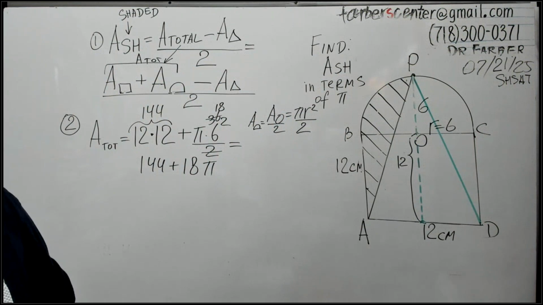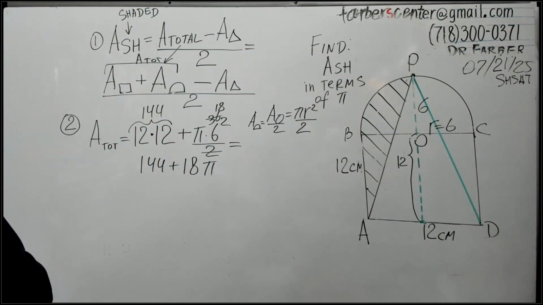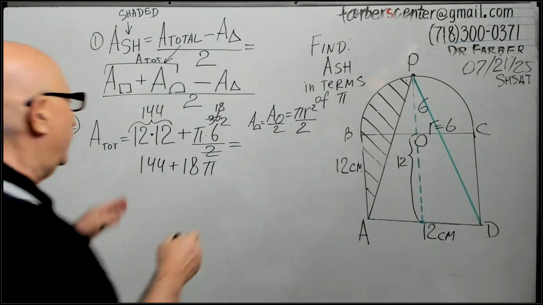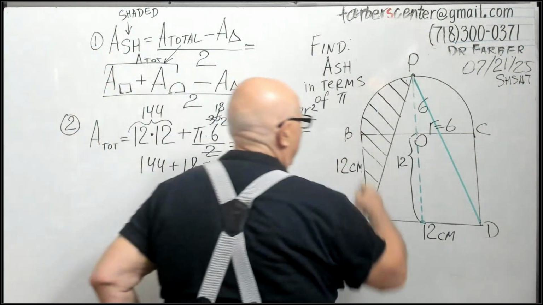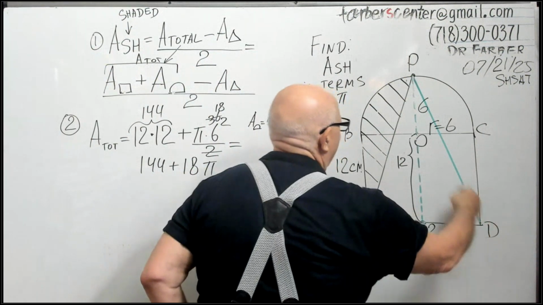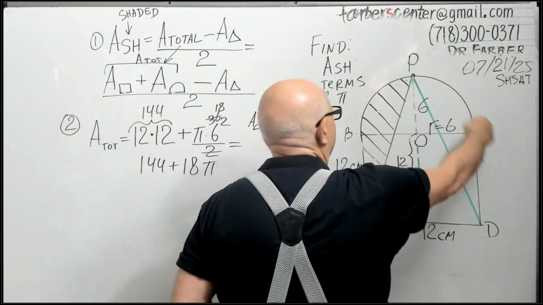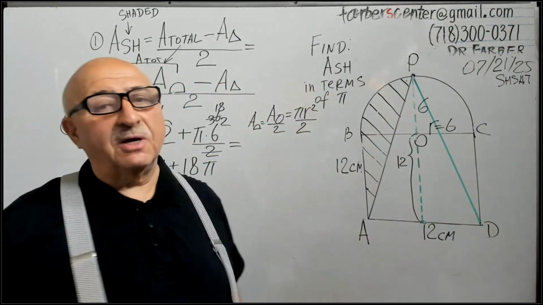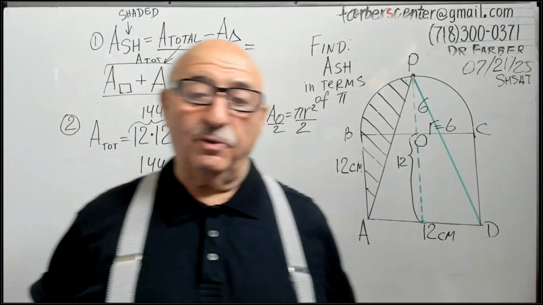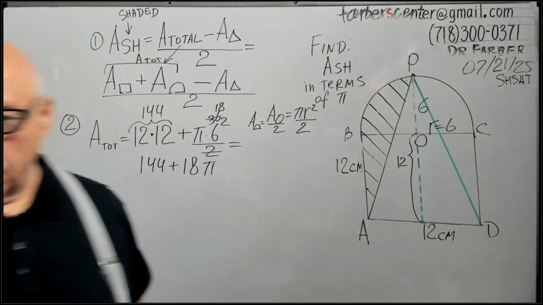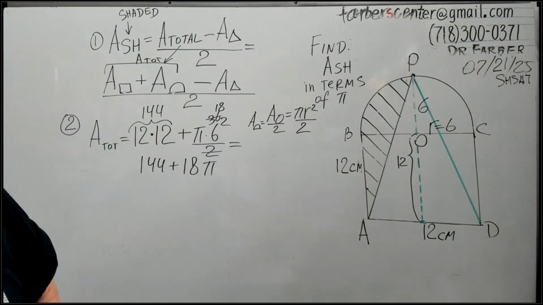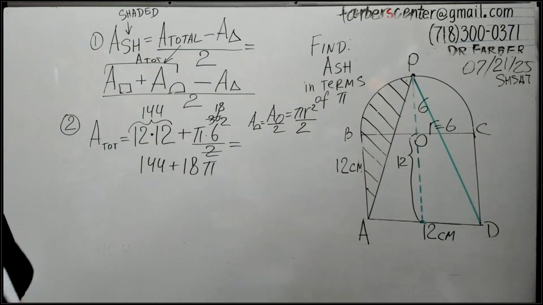Isabel, Emma, Elena, if you have a question, ask me, I will explain again. So what I did, I found area of this square, 12 times 12, plus area of this circle, pi r squared, divided by 2, because we have a semicircle. We mentioned half of a bagel. We have to divide by 2. So far, so good? No questions? You can type or use the microphone, up to you.